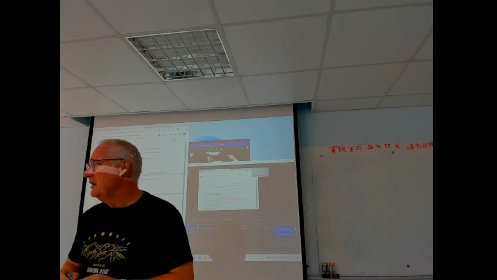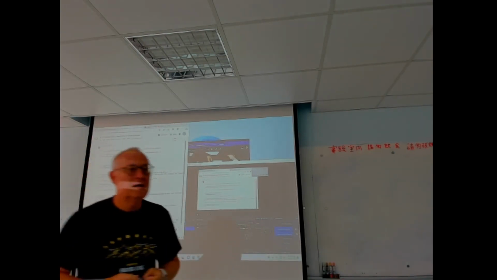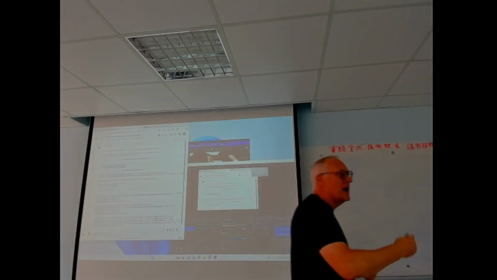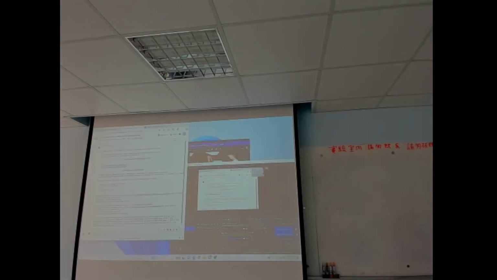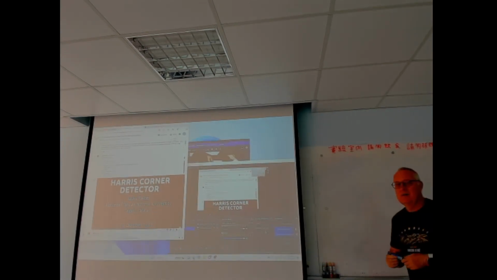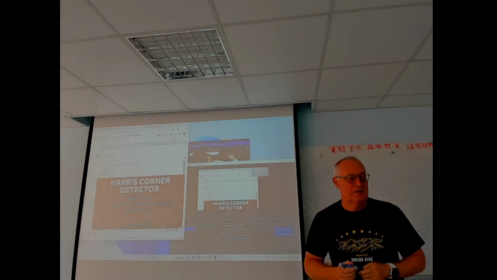Visual SLAM is visual odometry, plus you also build a map as you move around the environment. So at the end, you have a map of the environment. But the main component of it is the same. It's detecting movement in the environment.